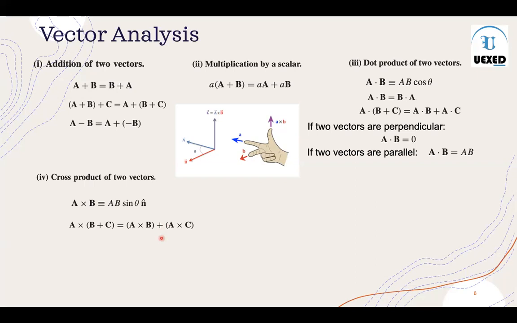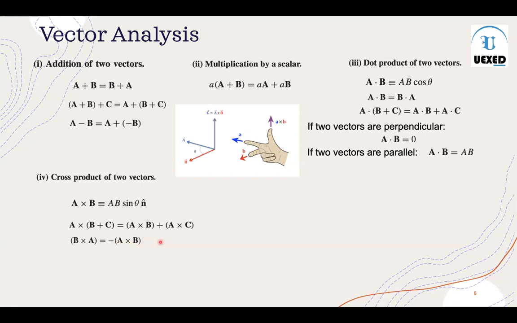These are some laws which one should know: B cross A should be the negative of A cross B, because this is a vectorial quantity. In the scalar product you have A dot B equal to B dot A, but since this is a vector product, once you change the order, like A cross B changing to B cross A, there should be a negative sign.